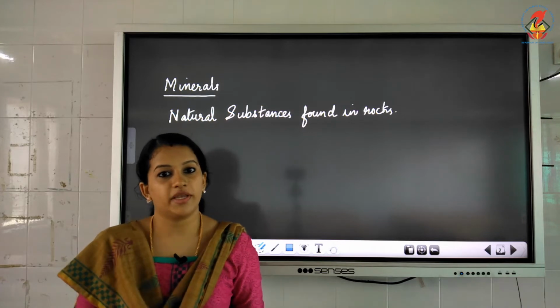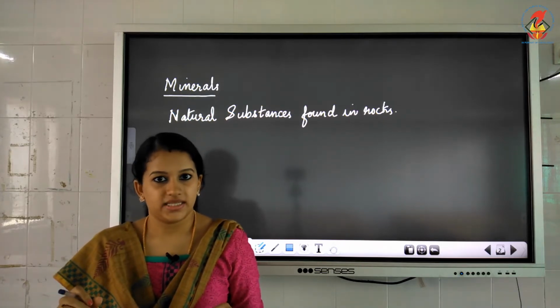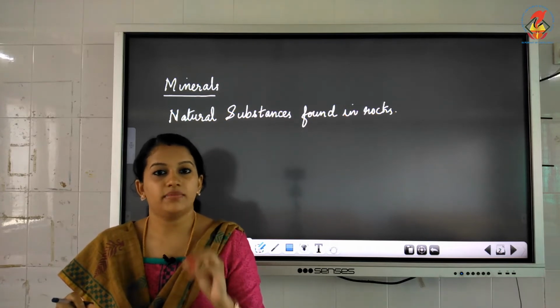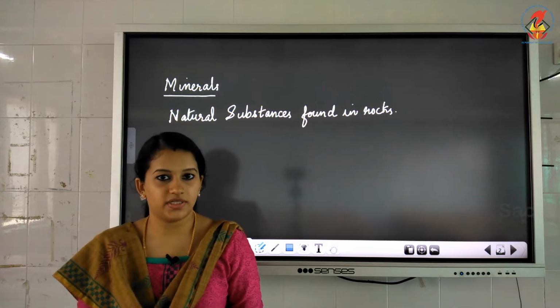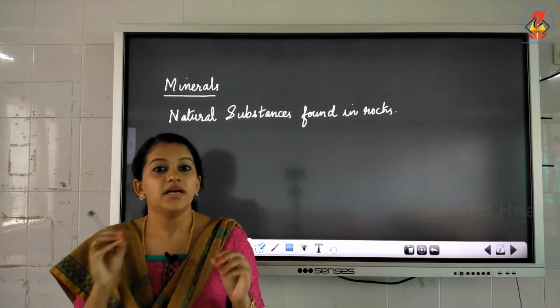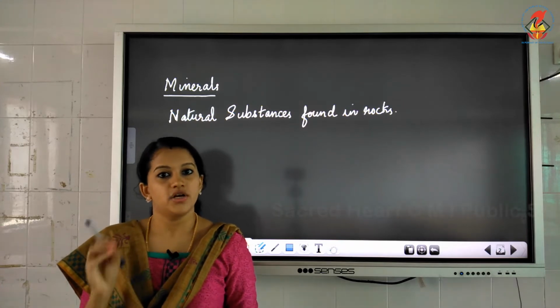Then there is also a picture of paper clips. All these are metals. Even metals are examples of minerals. We can learn that later in the chapter. So just remember, minerals are natural substances that are found in rocks.